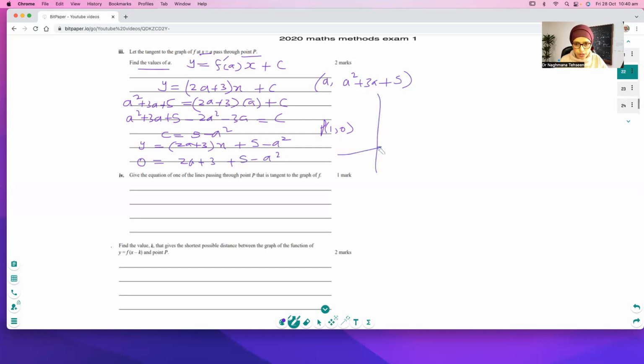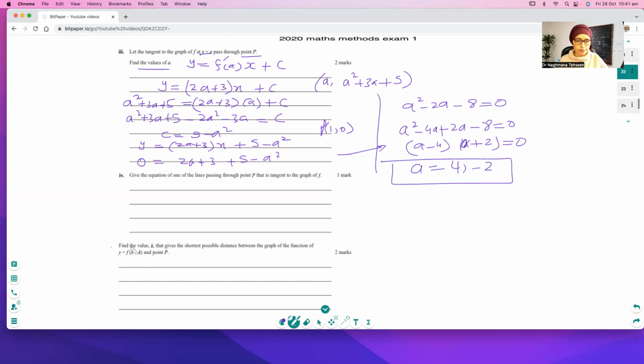So this would give me a squared minus 2a minus 8 equal to 0. And if I factorize it, a squared minus 4a plus 2a minus 8 equal to 0. So that means (a minus 4)(a plus 2) equal to 0. And that gives you a is equal to 4 and a is equal to negative 2. So these are the two values of a we got.